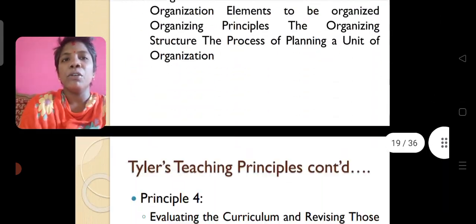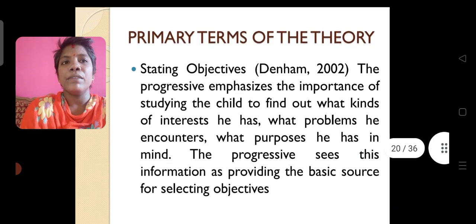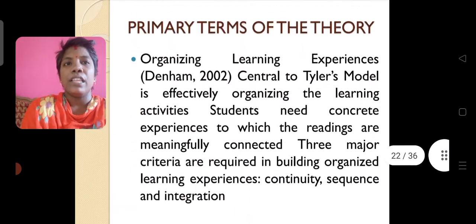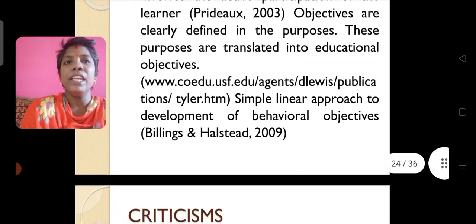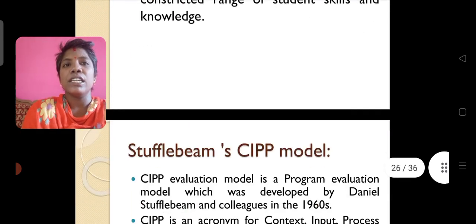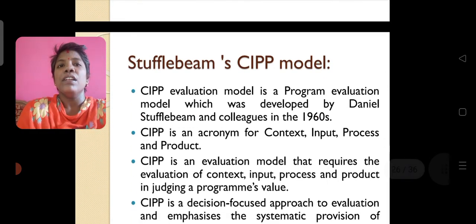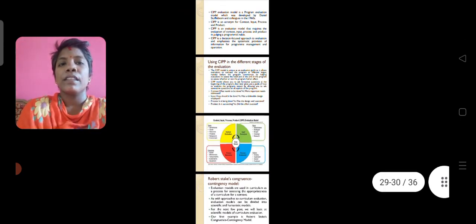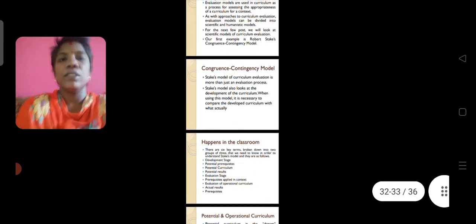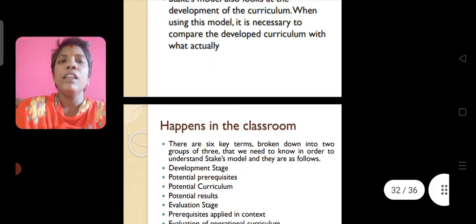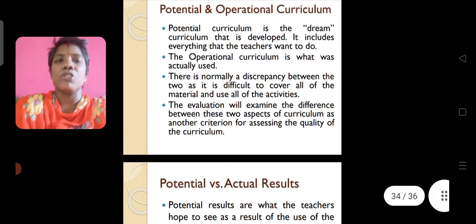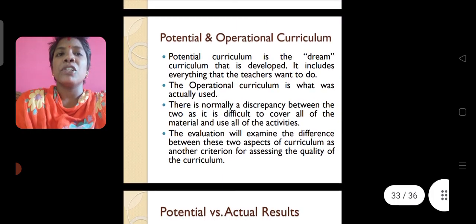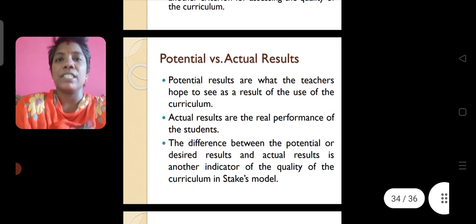Taylor's model, four principles, then primary terms of the theory, then strengths of the model, criticism. Stufflebeam's CIPP model, then Stake's model. Then what happens in the classroom under Stake's model, then the potential and operational curriculum difference, potential versus actual results.